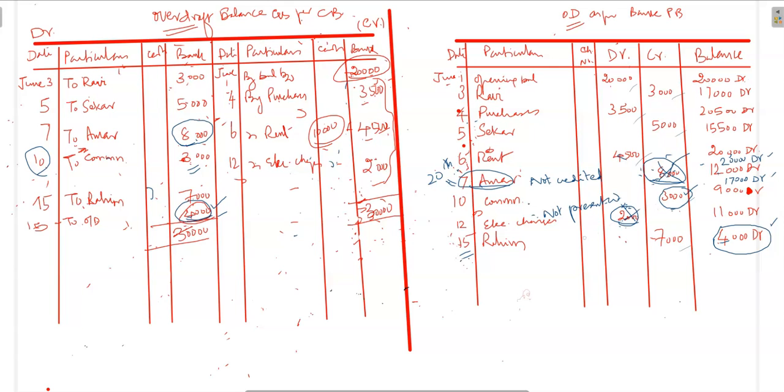And payment of electricity charges on 12th, let us assume the check was issued towards this expense of rupees 2,000 on 12th. But let us assume it was not presented, it was presented on 20th. In that case, this debit effect will not be there. So your balance will continue to be the same, 17,000 debit balance.